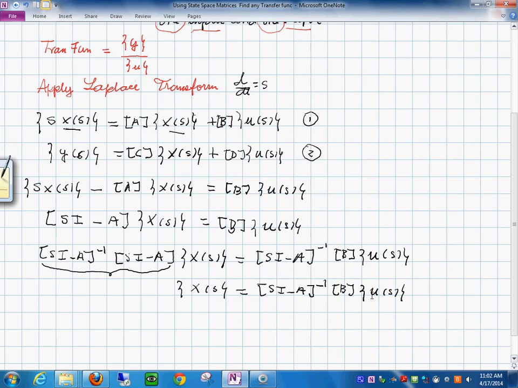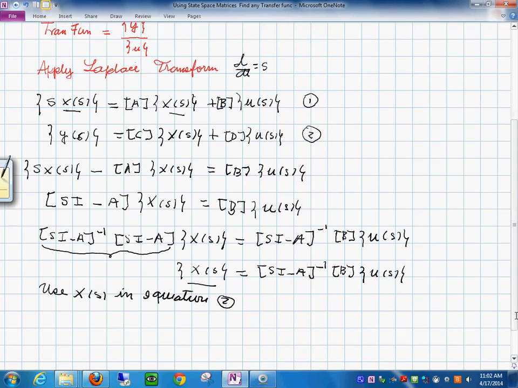Yeah? Now, we use x of s in equation 2, then what do we get?